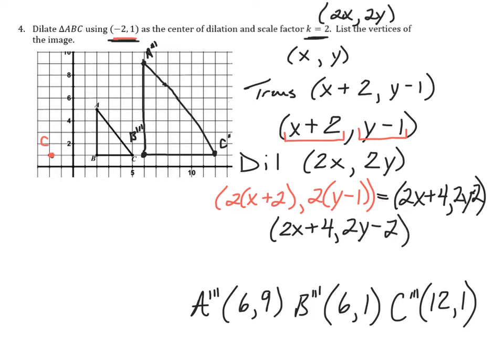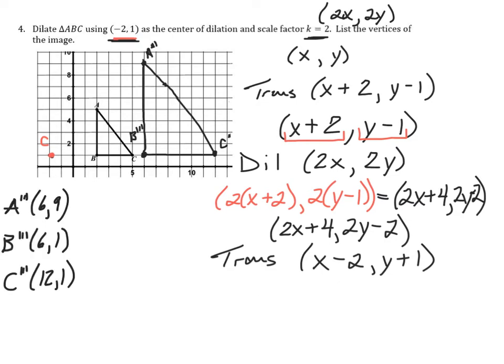The last thing I want to do, if you remember, was translate it back. In order for it to get back, I did x minus 2 and y plus 1. Unfortunately, I'm going to have to erase my final answers because I ran out of space. I've moved them off to the side over here, and now I'm just going to come up with my final rule. I'm going to take my x coordinate and subtract 2.